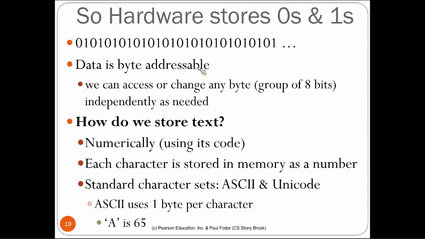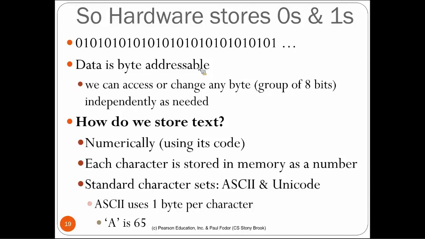ASCII is the original encoding. Basically, we have 127 different characters and their encodings in 7 bits. ASCII would use only 1 byte per character. For instance, the character A has the encoding 65.